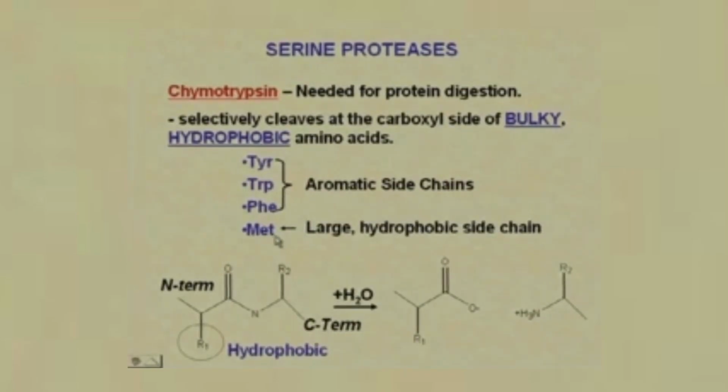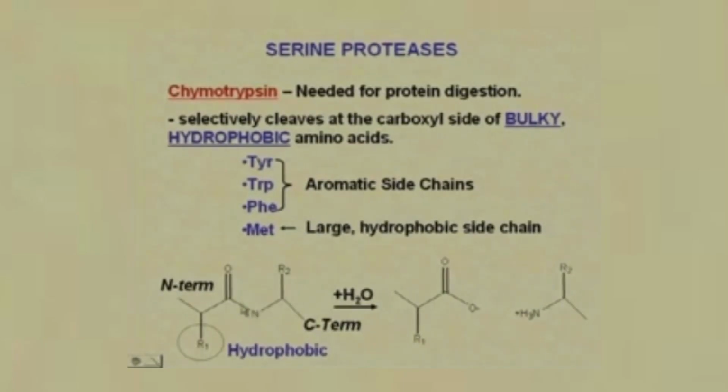So this is where it cleaves. We have an N term, which is the N terminal of the protein. R1 and R2 are the residues, the side chain groups of the polypeptide chain, and the CO and N would be the peptide bond.